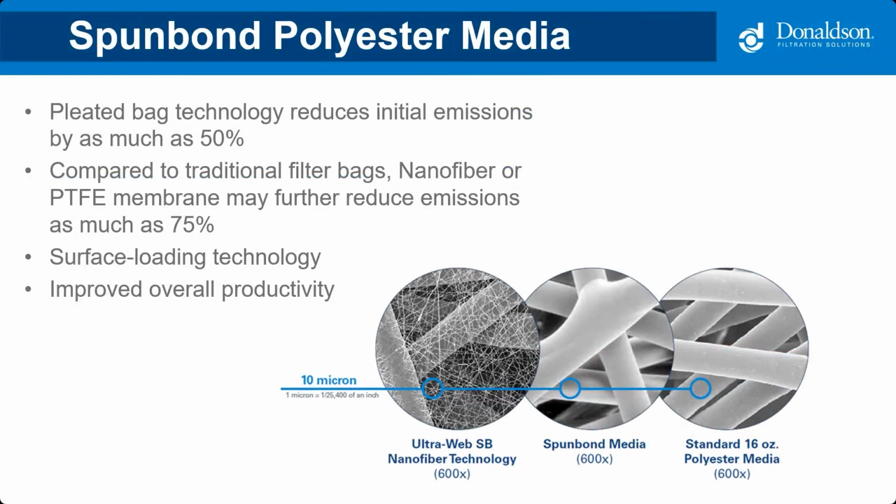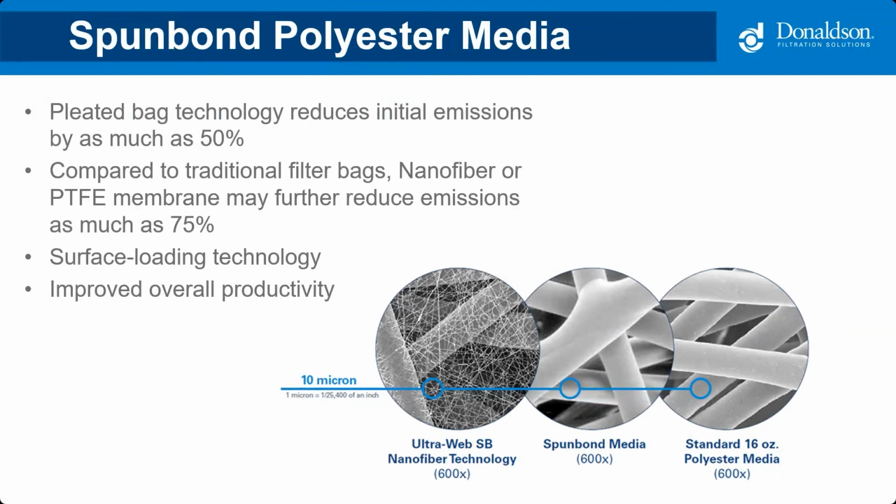The spun-bond polyester is actually a continuous filament, and so the way the spun-bond polyester media is made, it's very dense, but yet still permeable. And so it actually filters 99.99 down to 0.5 micron. And so it's extremely efficient.